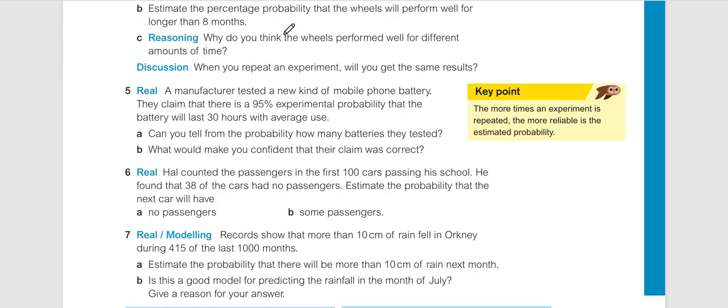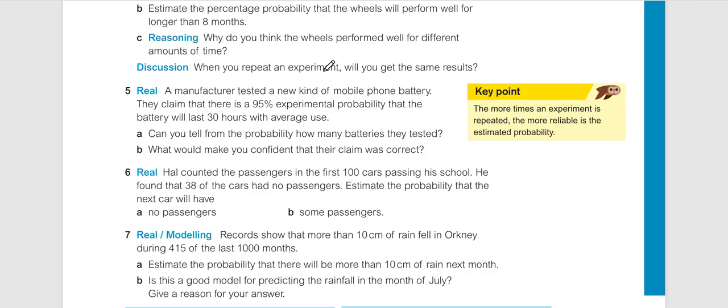Right, so question 5 says, a manufacturer tested a new kind of mobile phone battery. They claimed that there is a 95% experimental probability that the battery will last 30 hours with average use.